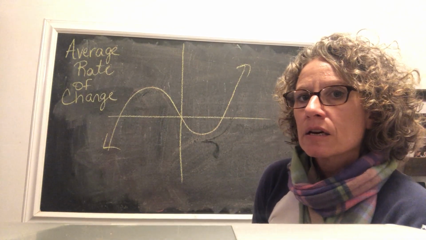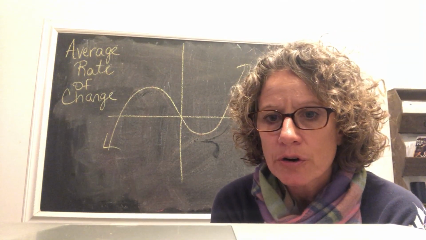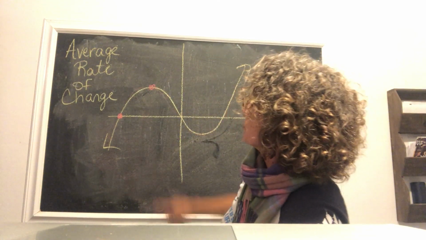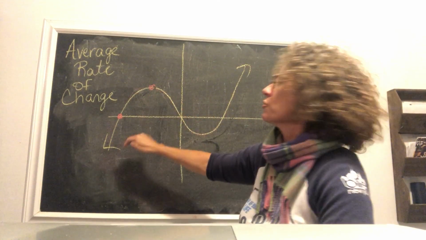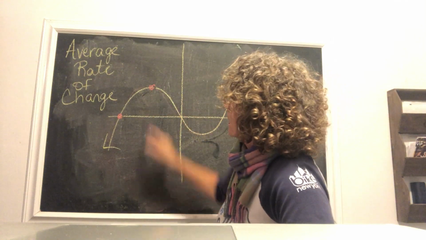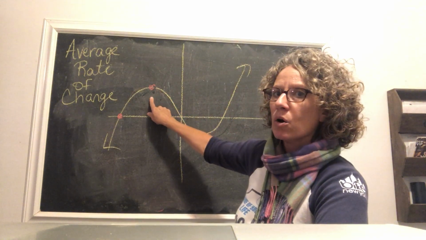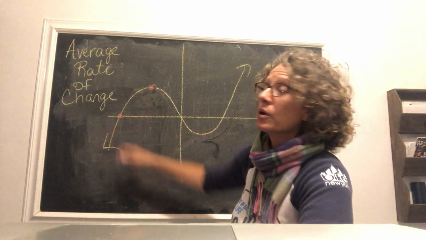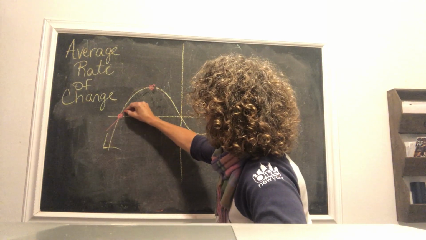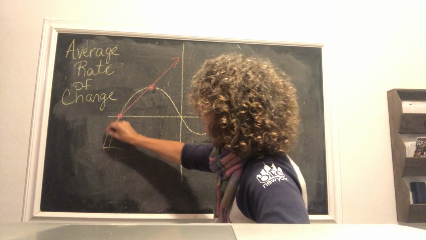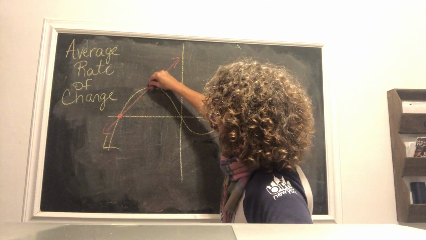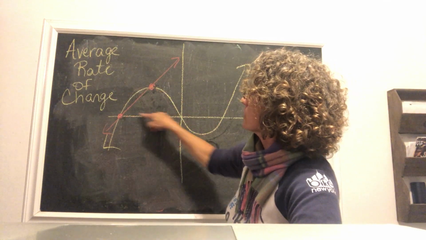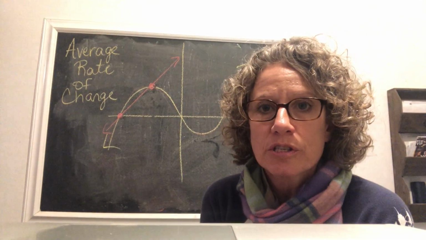So if we take any domain interval along this curve, we can evaluate what the average rate of change is between any two points. So take these two red points here. If I talk about the average rate of change, how this function changes from this value to this value, I could think of it as connecting the points with a line, and think of it in terms of the change in the y values divided by the change in the x values, which is also the slope.